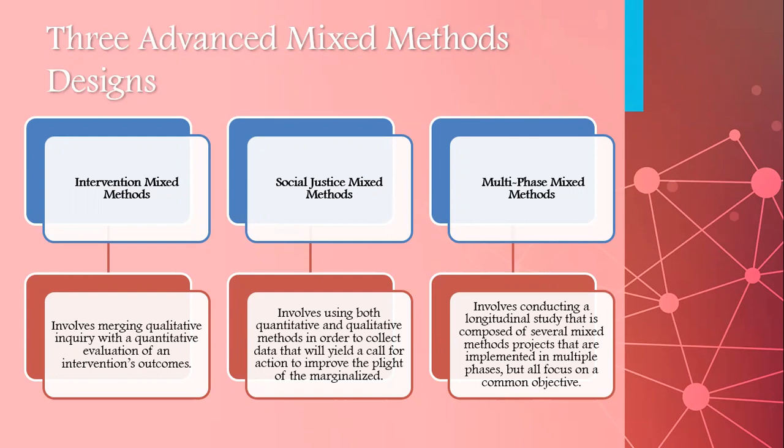So all of these studies have different kinds of designs, but they're all a part of this larger project that has this common objective. And so that's pretty much what a multi-phase mixed method study is. It's just a big, huge research project that's composed of a number of different mixed method studies that all have a common objective that underlies all of them.